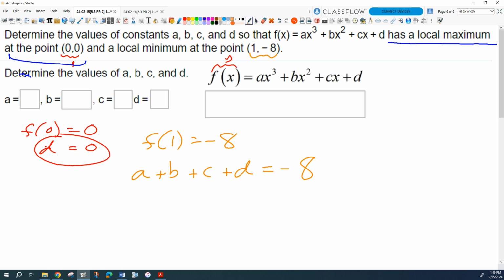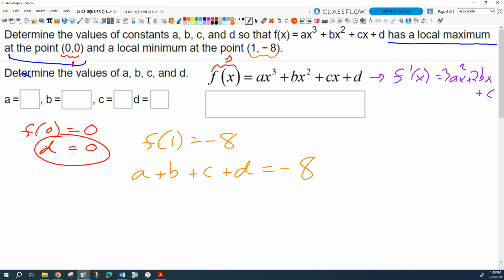We could take this thing and calculate the derivative. What is f prime of x? 3ax squared plus 2bx plus c. That's it.